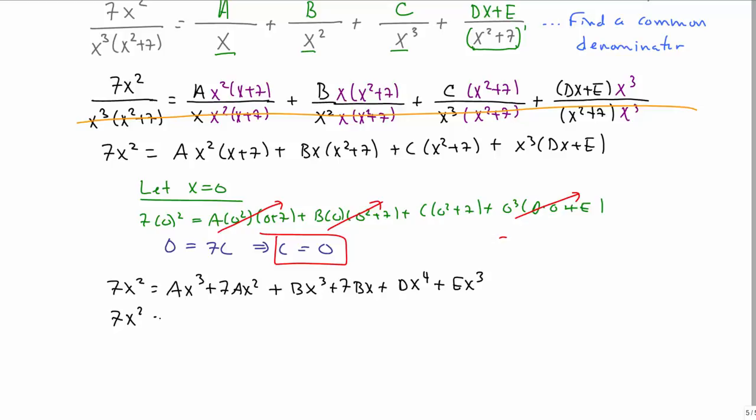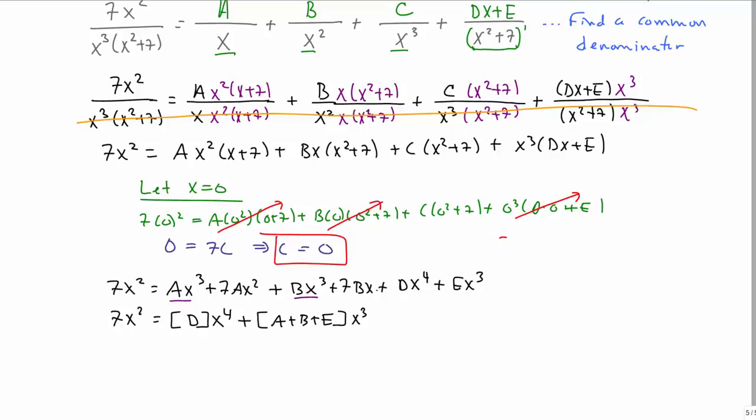Now I will group my coefficients. So I have my cubes. Whoops, I have a fourth power. So I have a dx to the fourth. And then my cube would be a plus b plus e, x to the third. I have to kind of keep track here.